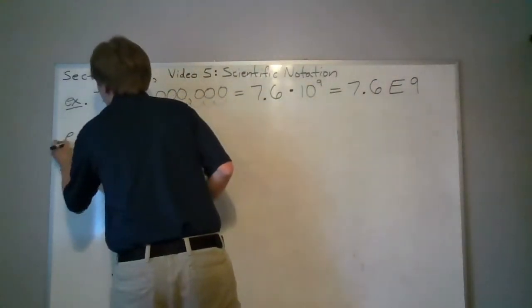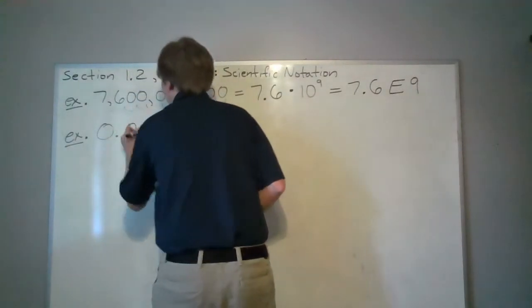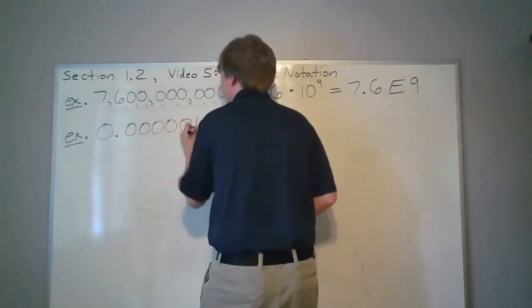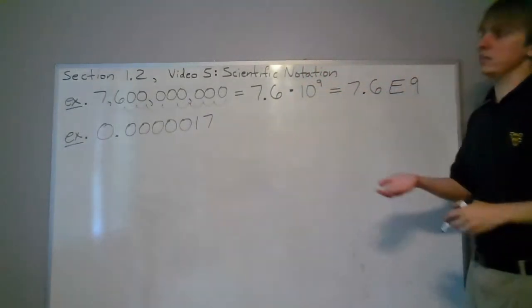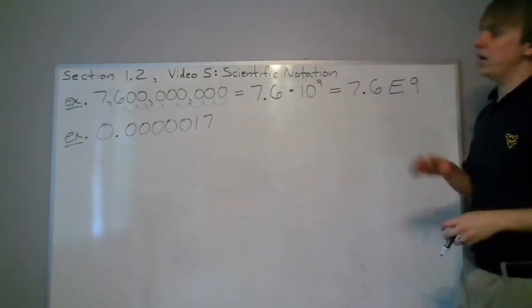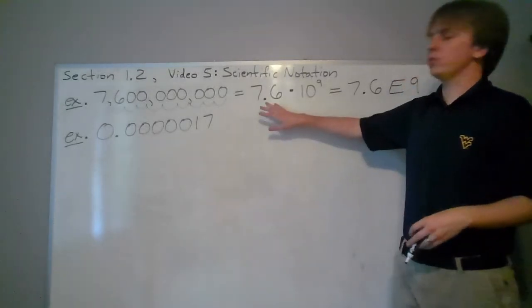On the other hand, if I had a very small number, like 0.00000017, I could put that in scientific notation. And our default is to always make sure that the number up front is somewhere between 1 and 10.